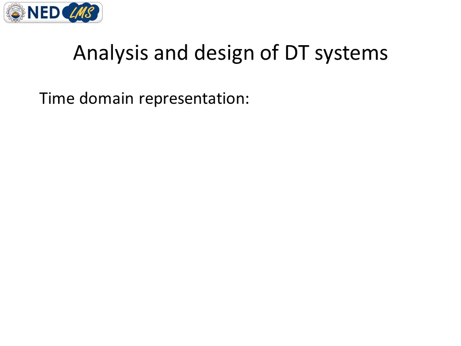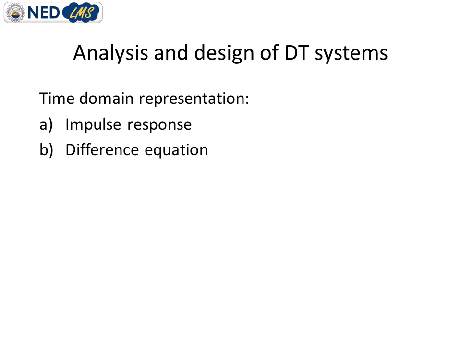So in the time domain we can represent our system by using the impulse response. We can represent the system by using a mathematical expression, which is its difference equation. And the third approach is by using the block diagram, which is the graphical representation.